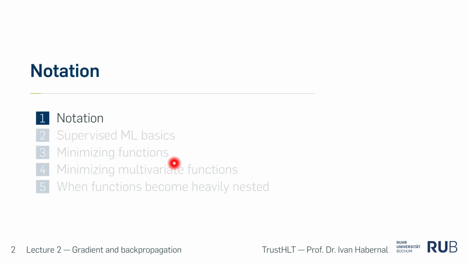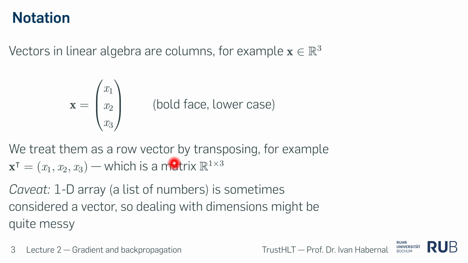So let's start with some notation first, because we're going to be using some symbols and math here, just to make sure we're on the same page. We're going to be working with vectors, and in linear algebra, or in physics, or in mathematics, vectors are usually written as columns, right? These are column vectors. So you multiply a matrix by a vector. Can you do this?